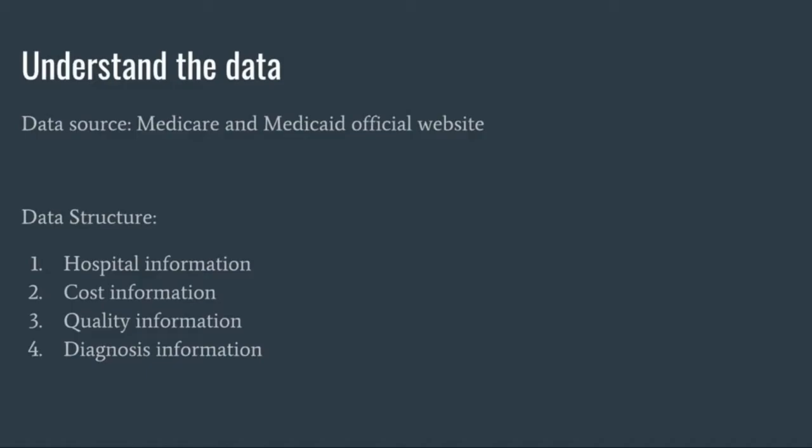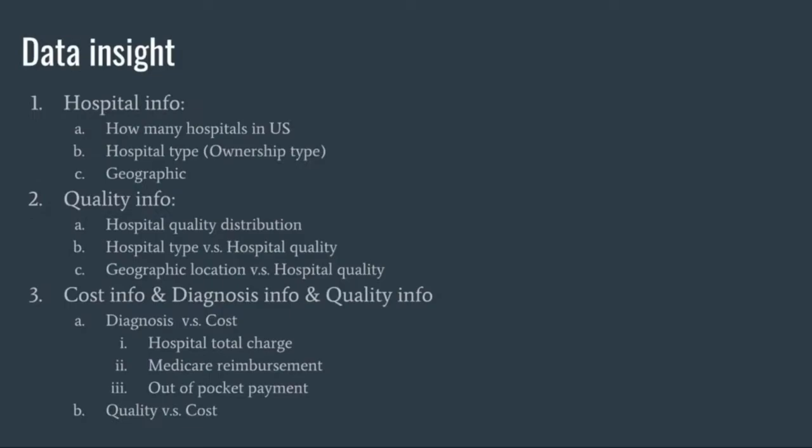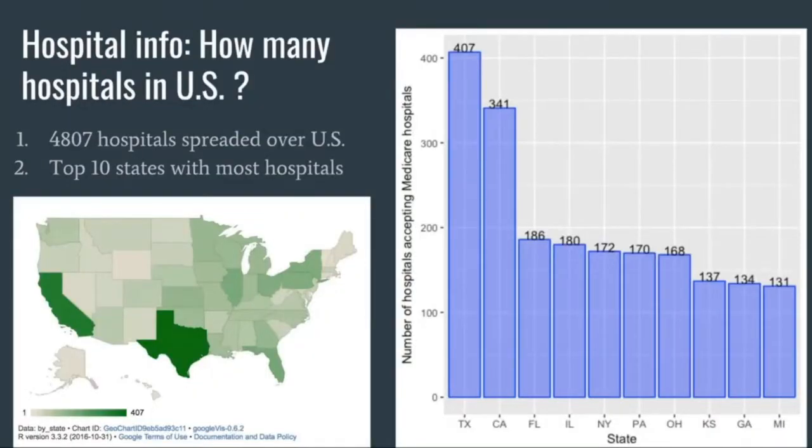I will do some simple data visualization on them. There are around 4,800 hospitals in the US, and that data is from late 2016, I believe. It is not the most up-to-date data because I did this project around two years ago.